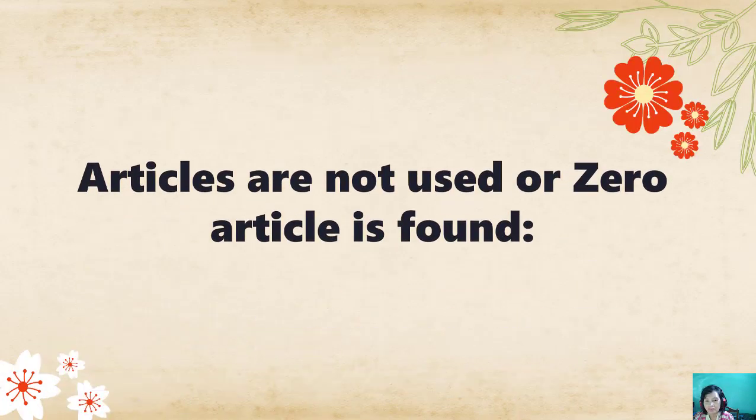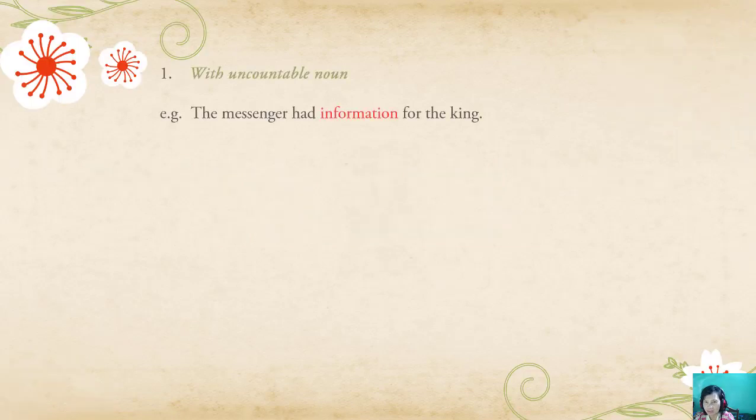Okay, the next. Sometimes we don't need articles at all, or we can call it zero article. When is it? Okay, with uncountable noun. Uncountable noun, it means that the count is not counted. The messenger had information for the king.